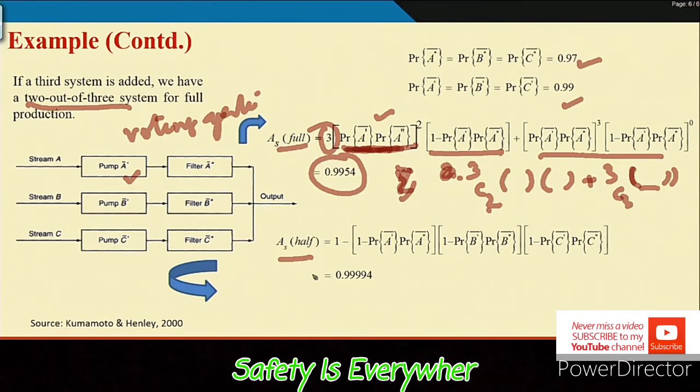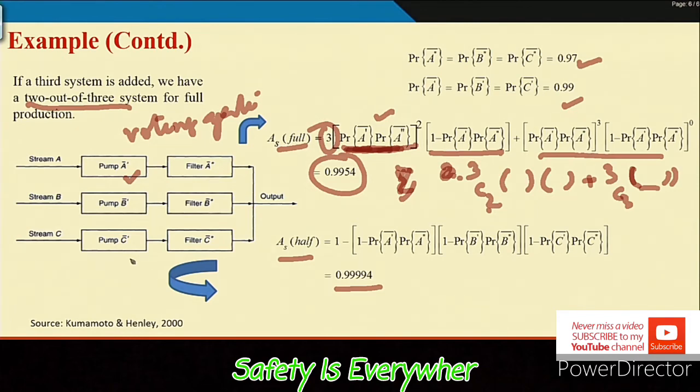Now, for AS half, what you are doing here? AS half means 1 minus unavailability. Complete system failure means no production. If one of the streams works, half production will be there. So, there are 3 identical streams, and if none of the streams works, that is no production.